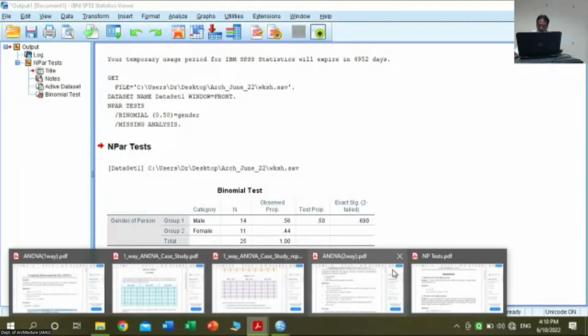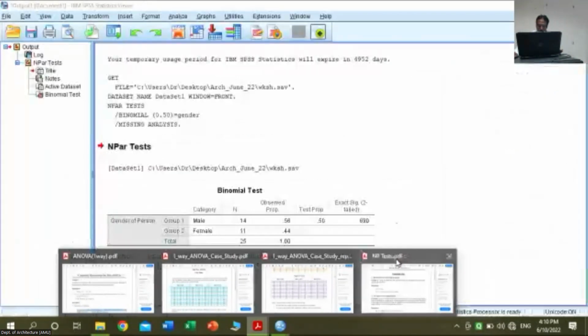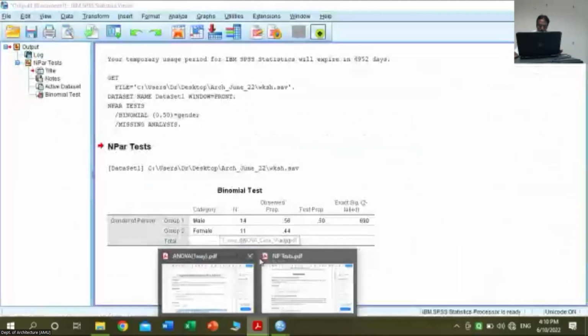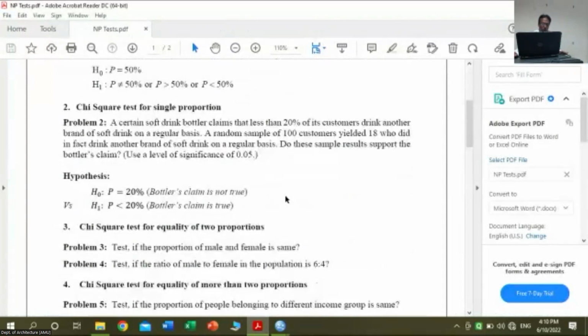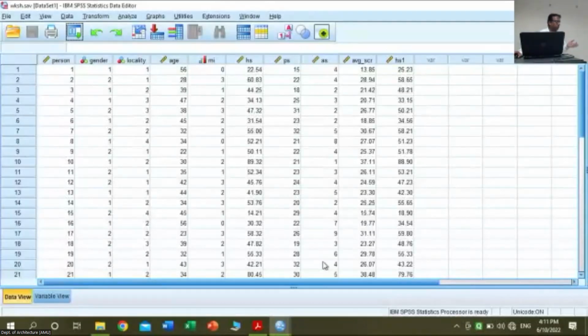Another problem is here. Chi-square test for single proportion. अब जैसे कि यहाँ पर अगर जाएं, यहाँ पर यूजिंग द बाइनोमियल टेस्ट के इंस्टेड we can use the chi-square test for testing the equality of proportion, 50% male, 50% female, or you can say the male proportion is greater than female proportion like that.